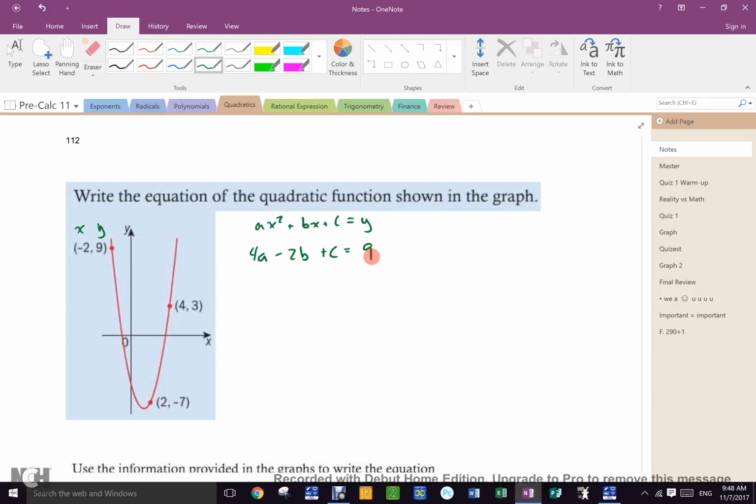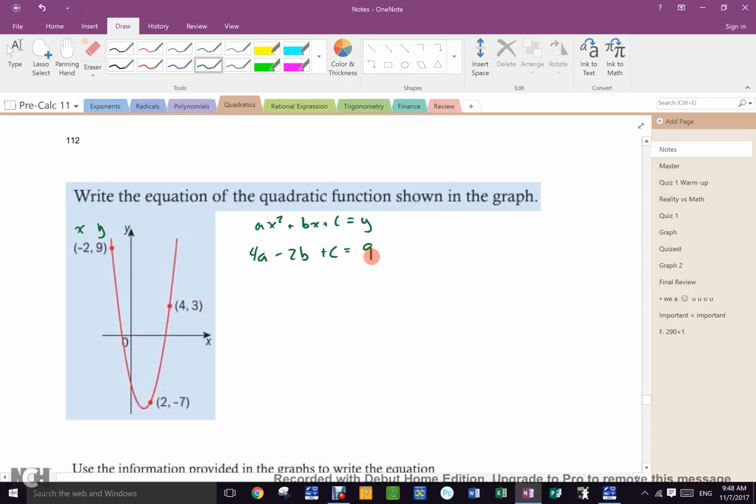Does that help me? Did it get rid of any unknowns? What did it get rid of? The x and y. So I still got a's and b's, don't I?